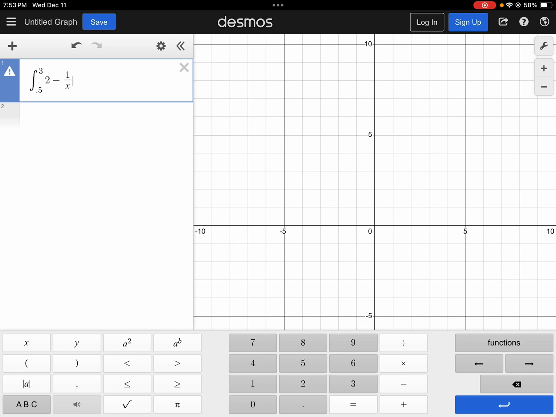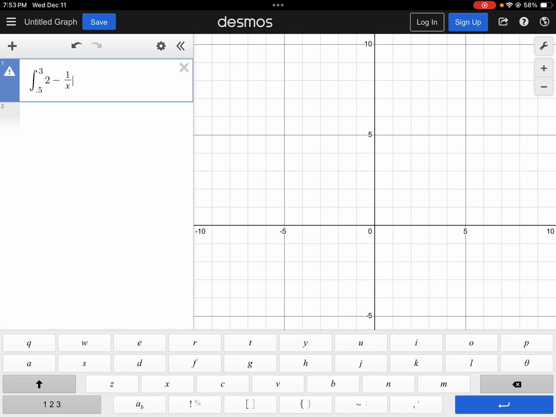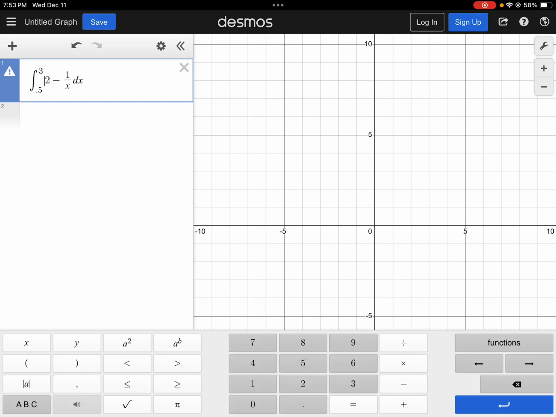Don't forget that after all this, you need to put in dx. Maybe I put parentheses around this whole part right here. Yeah, there we go. So put parentheses around the 2 and the minus 1 over x. That's called the integrand, by the way. I'm not sure if we've talked about that in class.